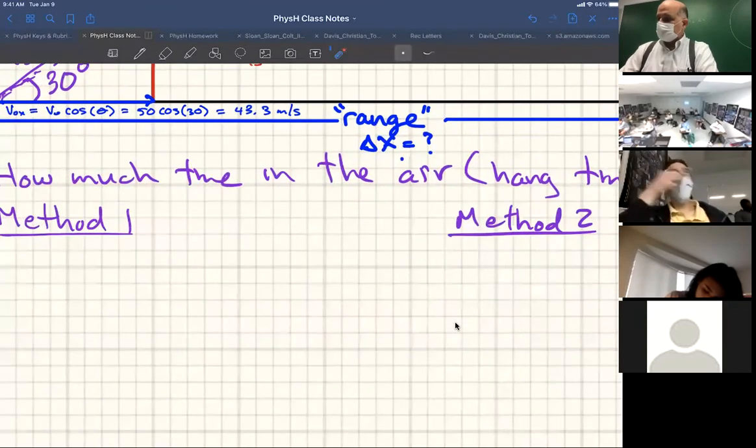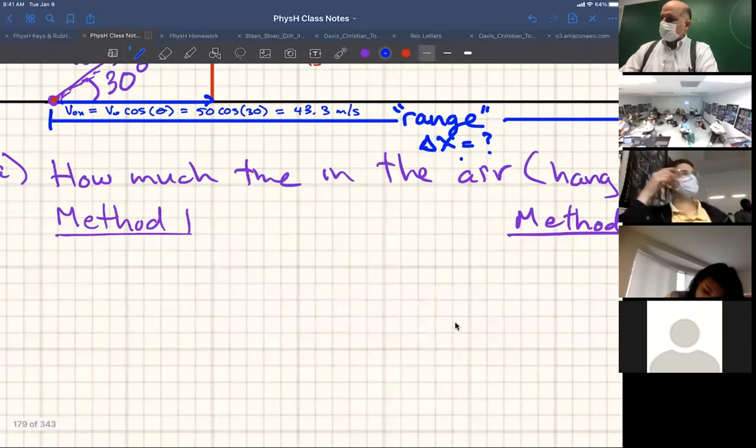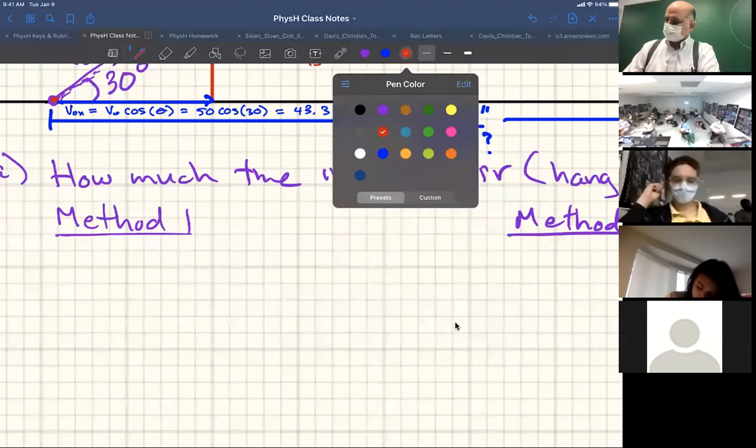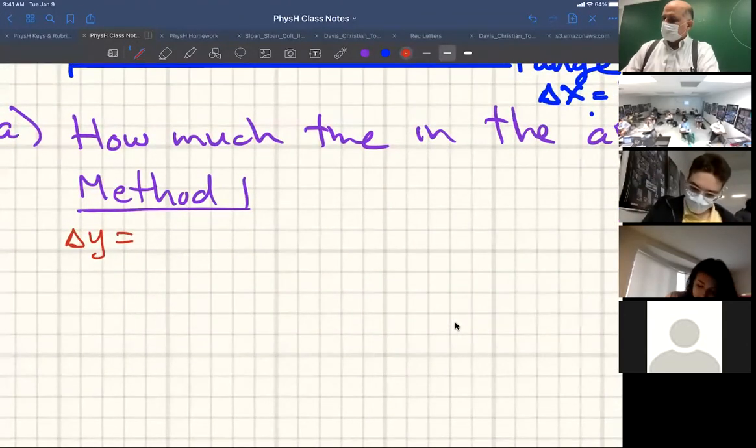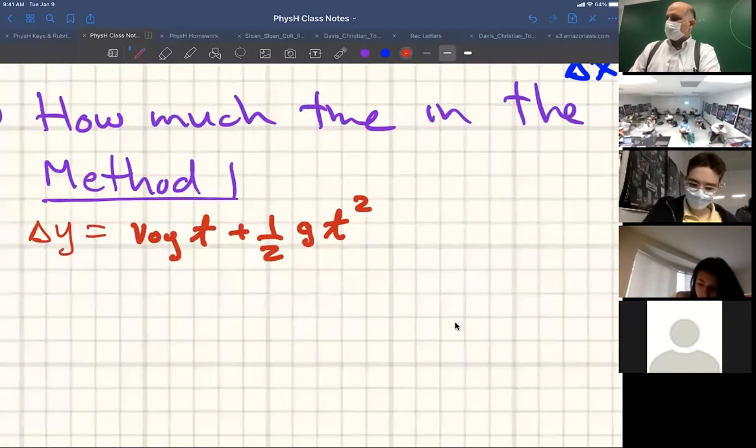Okay, yeah, that's going to be my next question. So we could use delta y is equal to V0y t plus 1/2 g t squared. That works.